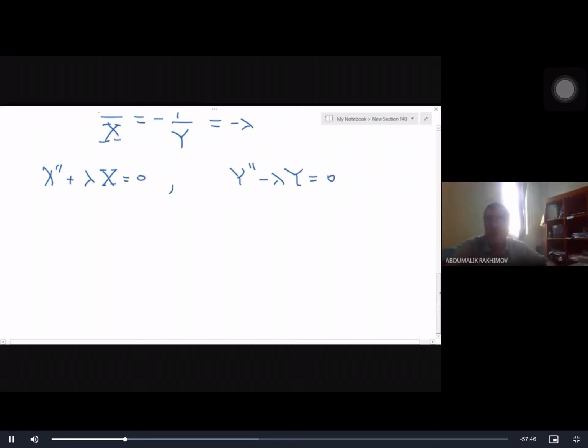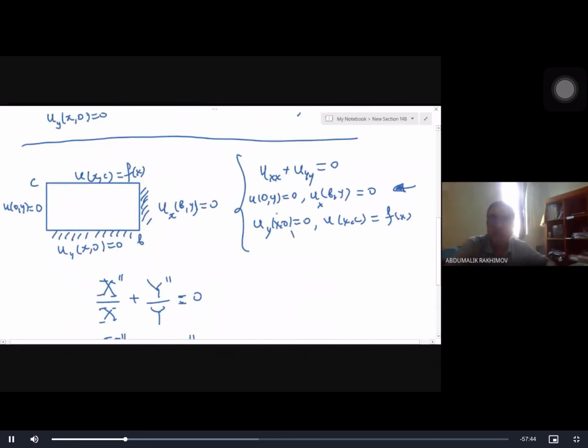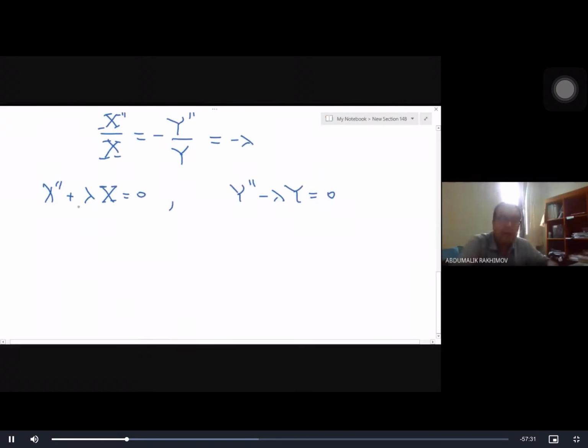From the boundary conditions, we find that X(0) is equal to 0 and X prime(b) is equal to 0. So this is a Sturm-Liouville problem, and we know the solution from lecture number 2.